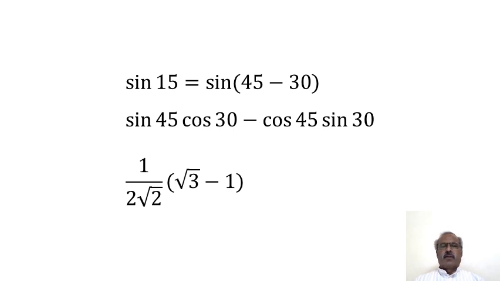So substituting those values, we can see that sine of 15 equals 1 over 2 root 2 times (square root of 3 minus 1).